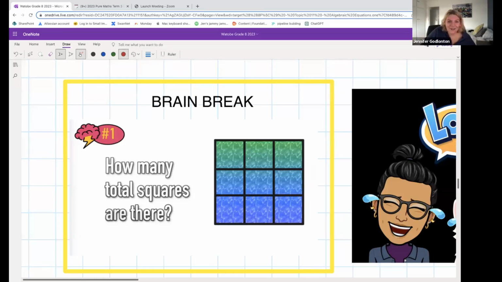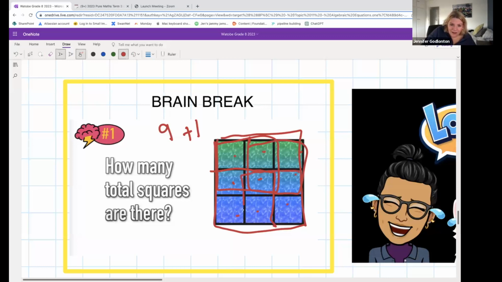Okay, so let's go through. So we've got our individual ones, each of those. So that's obviously the 9. So we've got 9 squares. And then we've got our big one. So that's +1. Okay. But then we also have these ones. So we've got like 1 there, 1 there, 1 there, and 1 there.